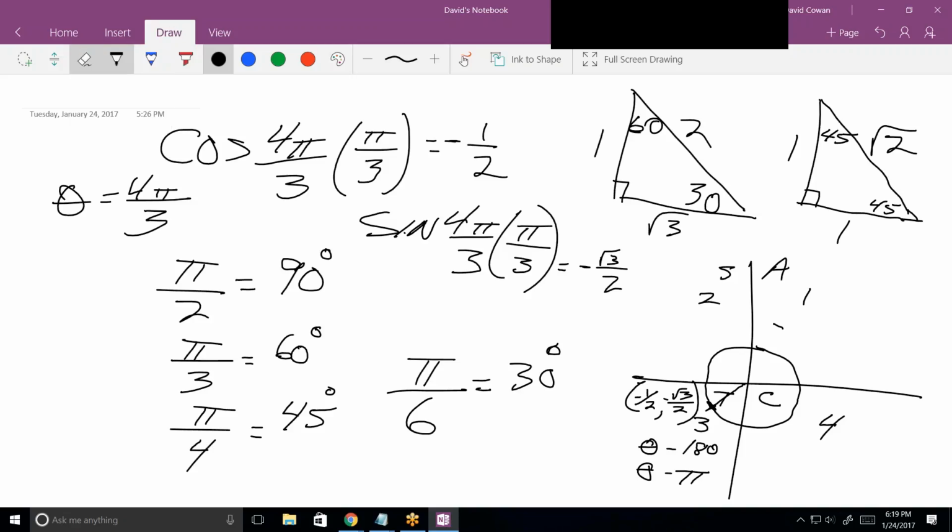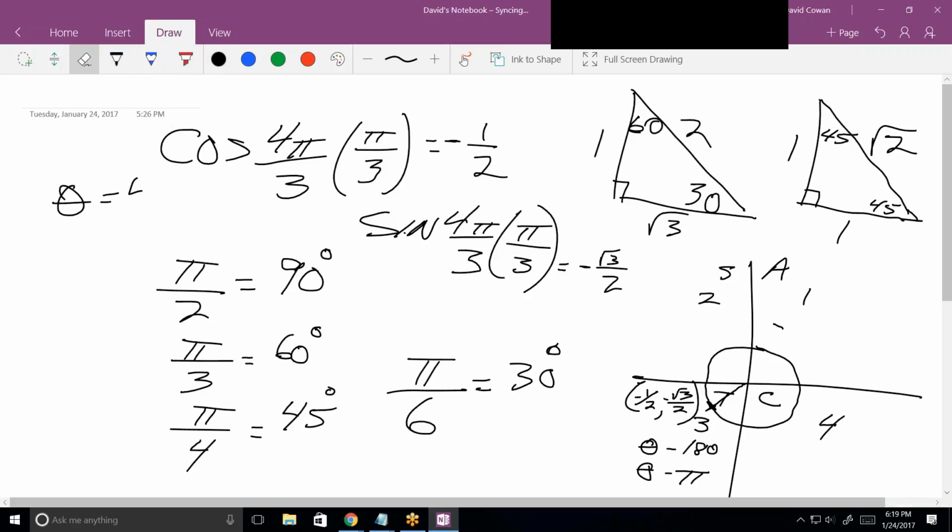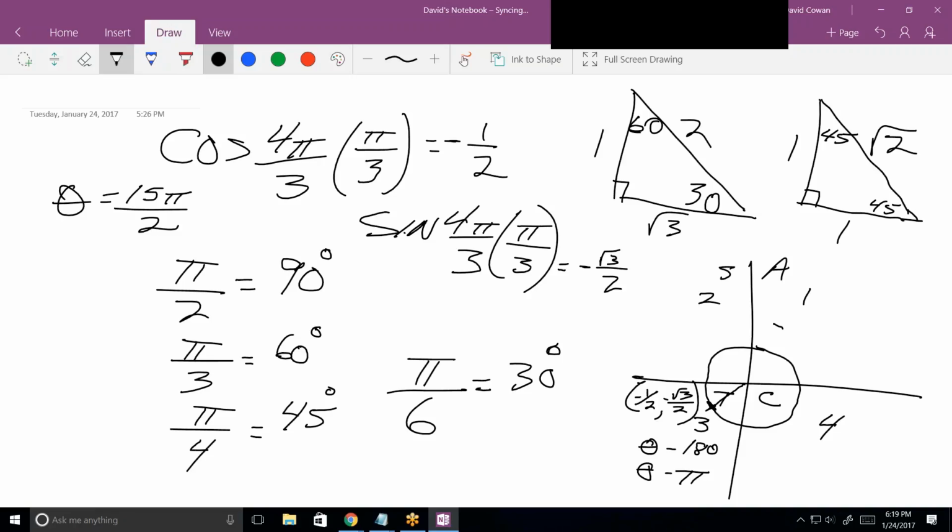Same kind of problem, but theta equals 15 pi over 2. Now, notice in that last problem, we did everything in radians until you got to pi over 3, right? And then you knew that was 60 degrees, so you were able to read this triangle.